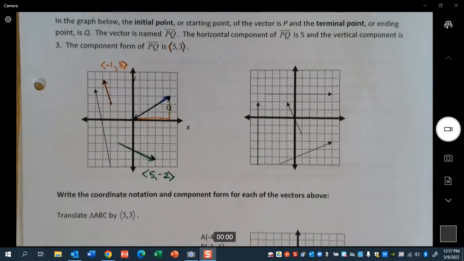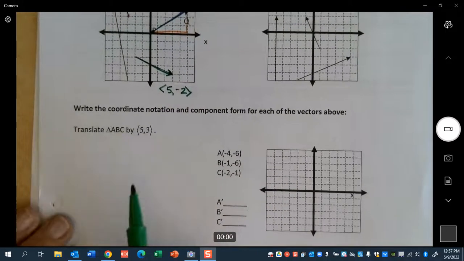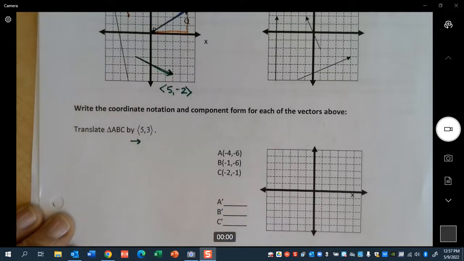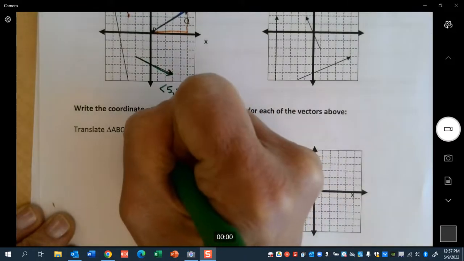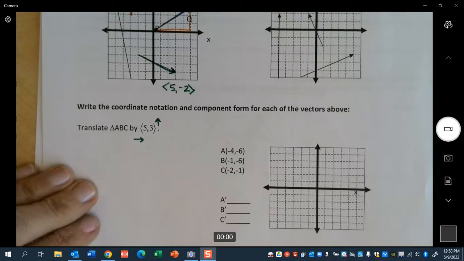So down here, when they have you drawing triangle ABC and then translating it, you're going to be moving each vertex 5 to the right and 3 up. And that's that vector component form. Okay?